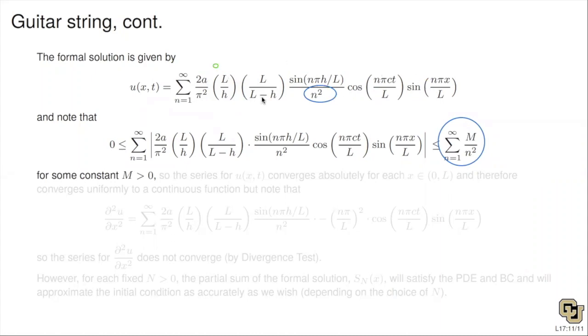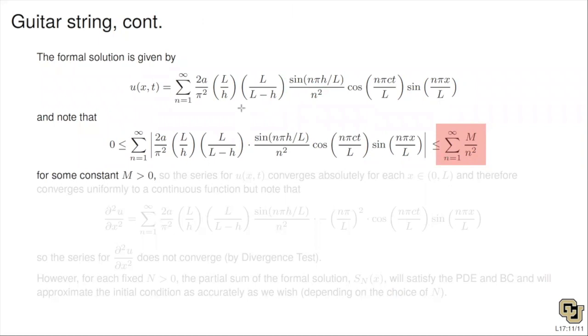And all of this stuff, including the 2a, is just a constant. So let's just call that M. In this case, we get lucky because we know this is a very well-behaved p-series. We know this converges. So here we're going to get absolute convergence.